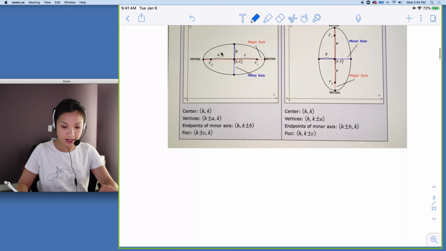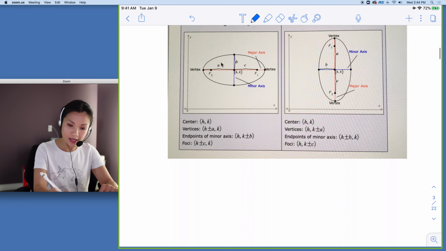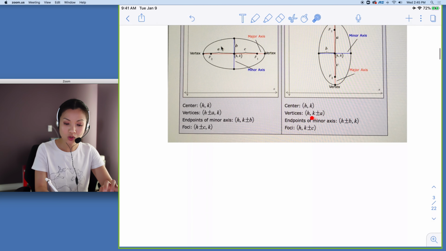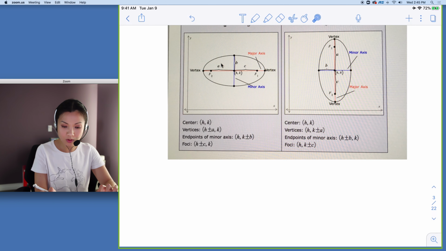So for the foci, we have h, and then same thing because we're dealing with the vertical major axis, so we have k plus and minus c. So we're going to have to figure out c.